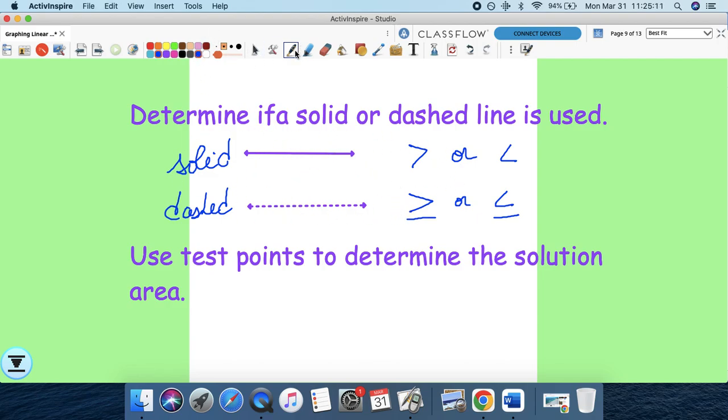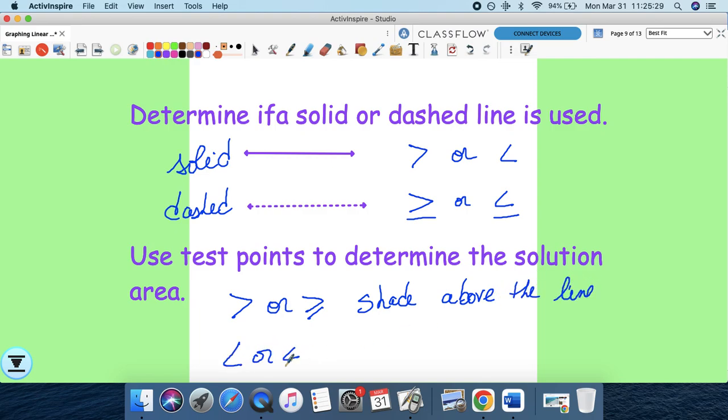And then the solution area. Well, if it's greater than or greater than or equal to, you're going to shade above the line. If it's less than or less than or equal to, you're going to shade below the line.